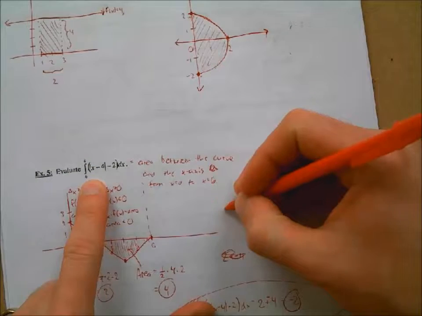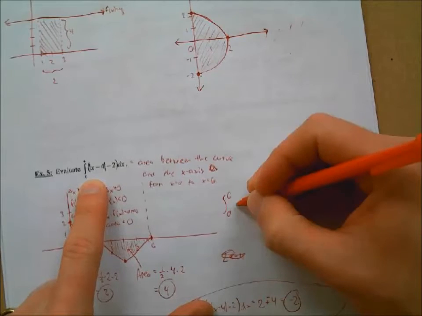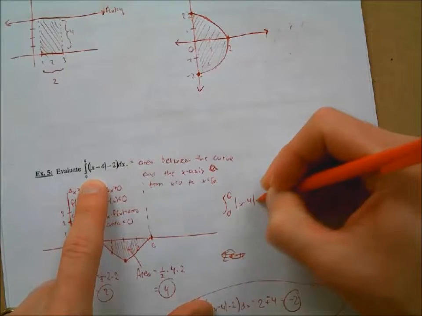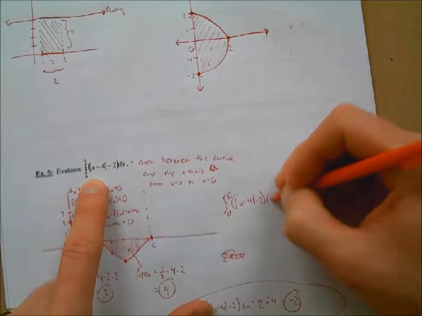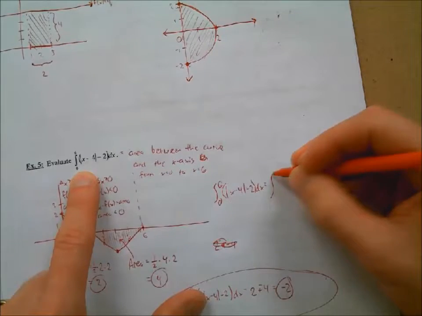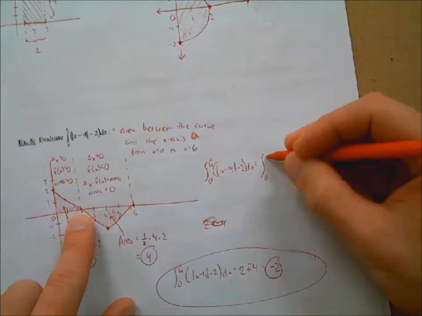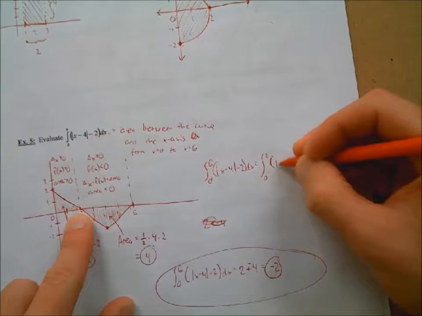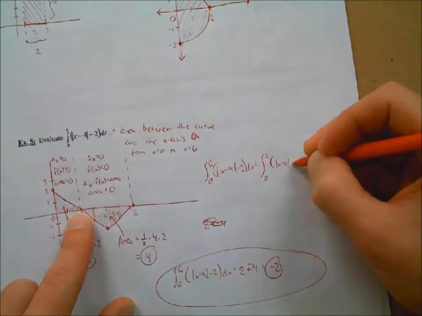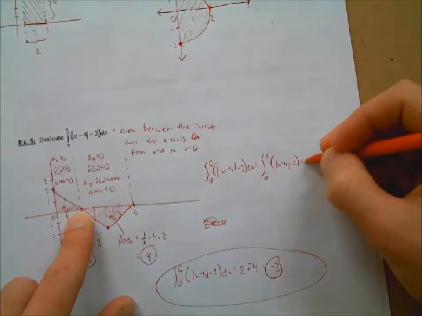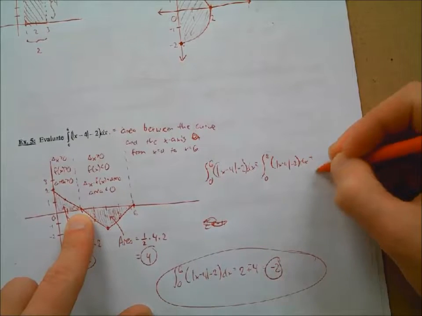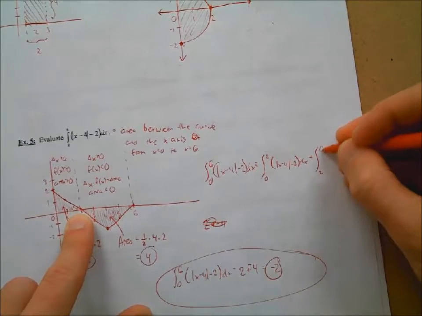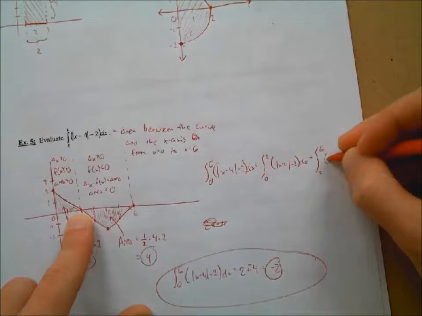do is say the integral from 0 to 6 of the absolute value of x minus 4 minus 2 dx is equal to the integral from 0 to 2 of x minus 4 minus 2 dx plus the integral from 2 to 6.